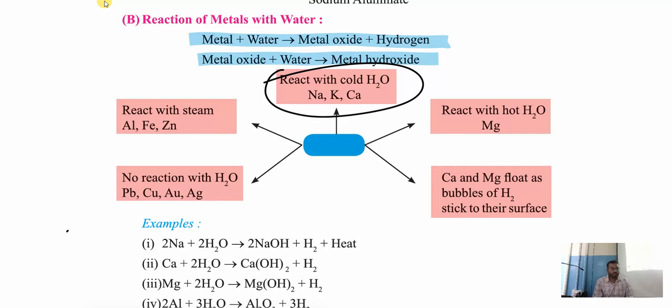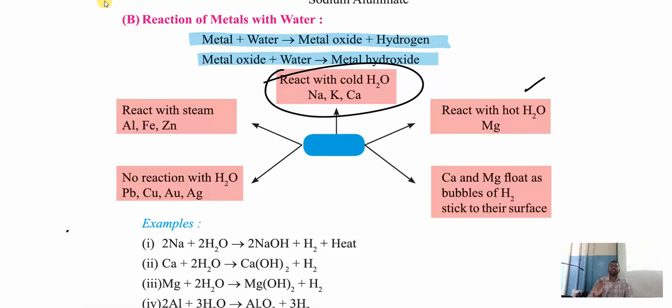Which are the metals that do not react with water? Lead, copper, gold, silver. Which metal reacts with hot water? Magnesium reacts with hot water. Calcium and magnesium float as bubbles of hydrogen stick on their surface.